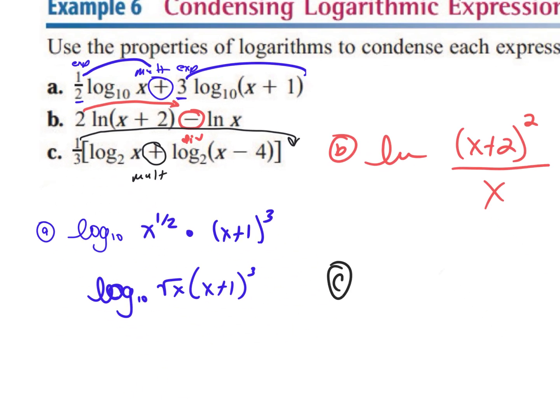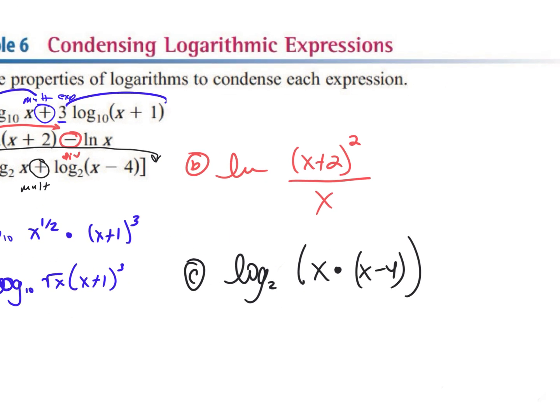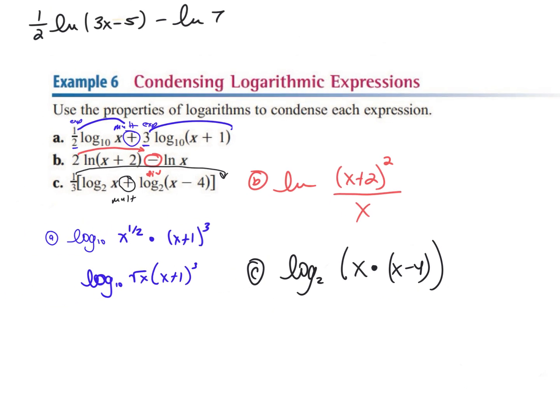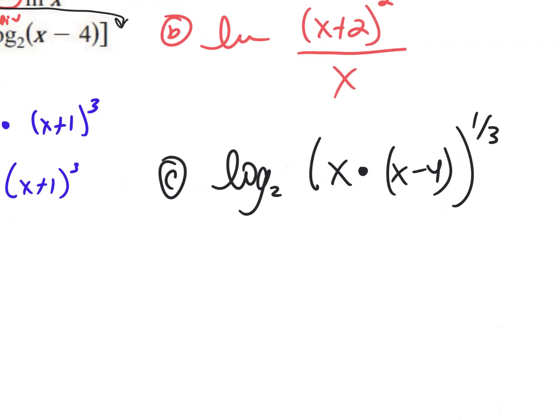So for C, I have log little 2. So I have x times x minus 4, all raised to what? To what? The 1/3. If you want to multiply it, you can. You don't have to.